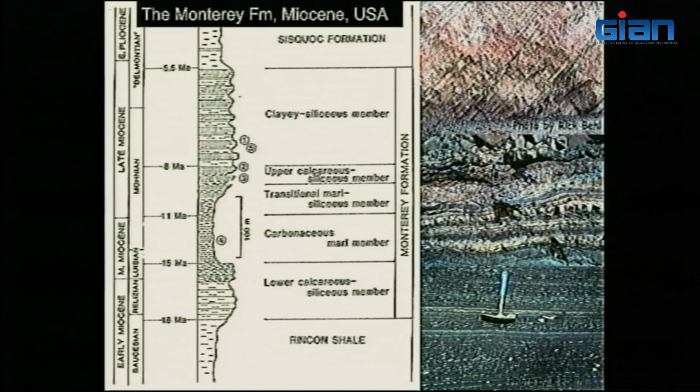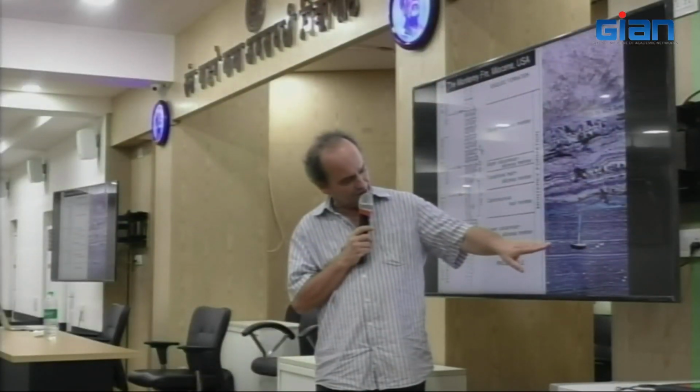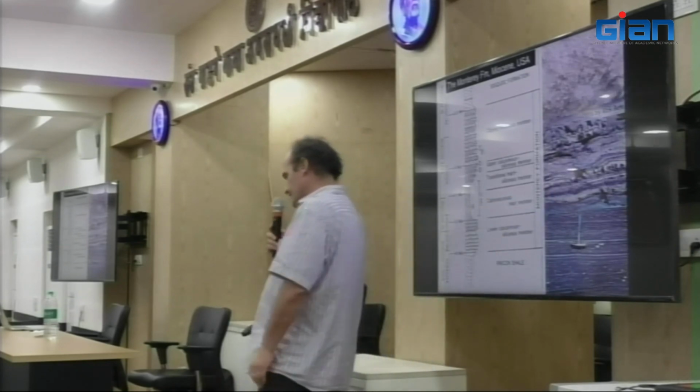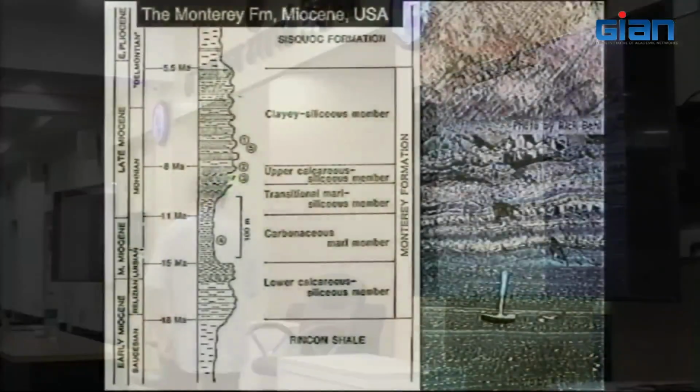And here you can see that you have very nice laminated beds, but these laminated beds are generally interrupted by whitish things. All these whitish things are phosphate layers.